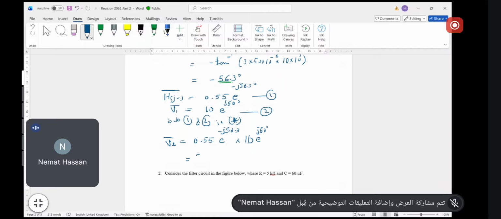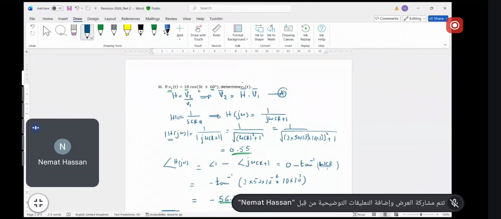Which means it's equal to what? 0.55 times 10 is 5.5 e power j, minus 56.3 plus 60 will be what? E power j what? 3.7, right? So this is V2. But the question is find v2 of t, not V2.